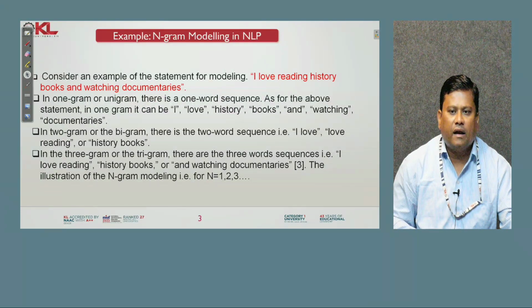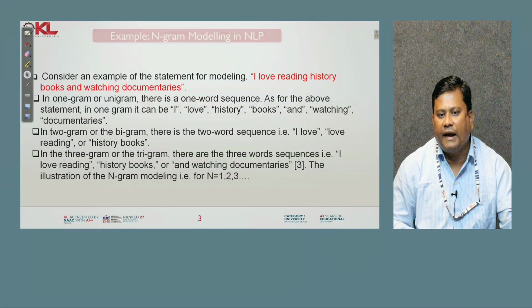So I love is one, then love reading or history books, that is the bigram. In 3-gram or trigram model, there are 3-word sequences likewise. So I love reading is one, and history books and, or and watching documentaries. This is the illustration of n-gram modeling, that is n equal to 1, 2, 3 and so on.